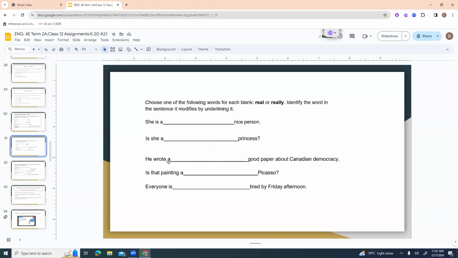Same idea. He wrote a real good paper about Canadian democracy. So remember, real has to describe a thing. Or he wrote a really good paper about Canadian democracy. Is that painting a real Picasso? Is that painting a really Picasso? Everyone is real tired by Friday afternoon, or everyone is really tired by Friday afternoon.